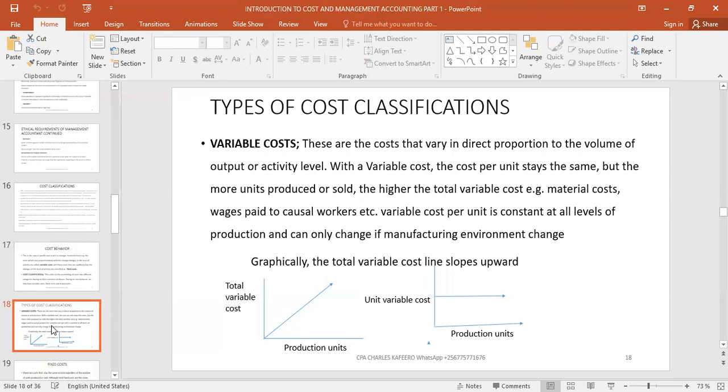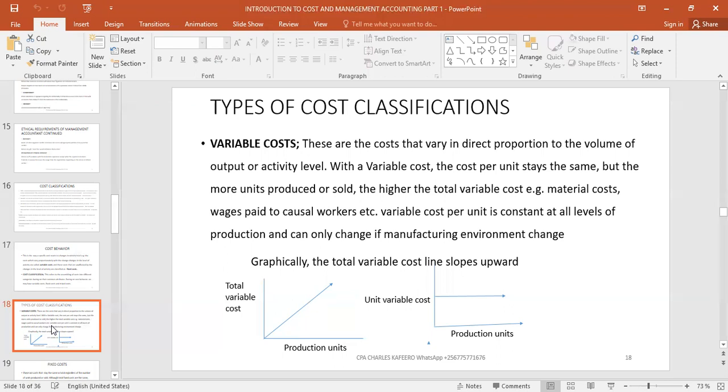If the person has worked 8 hours, you multiply the 10,000 times the 8 hours to get the amount the person is going to be paid. But it will not be the same as for someone who has worked for 3 hours. The rate will be the same, which is the hourly rate, but everyone will take a different amount of money depending on the number of hours they have worked.